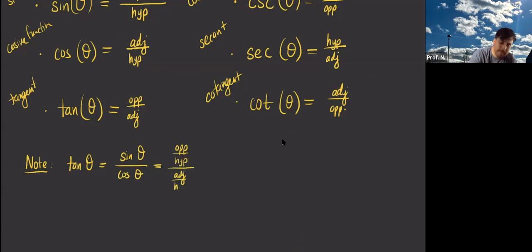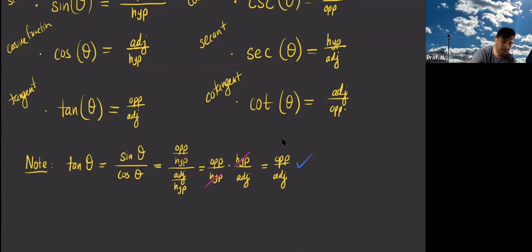Adjacent over hypotenuse. What happens when you take a fraction divided by a fraction? You multiply the first fraction by the reciprocal of the second fraction. The hypotenuse terms here cancel. And what's left is opposite over adjacent, which is exactly the way it was defined earlier. Tangent is opposite over adjacent.